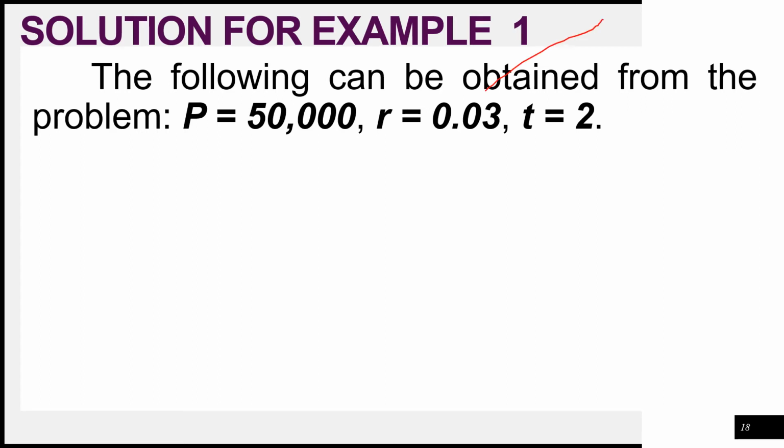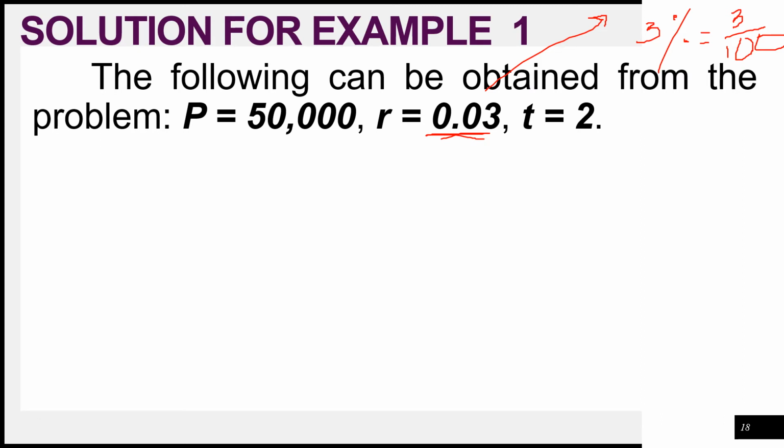Okay, so I'll show you. We have the 3% can be converted into decimal by having 3 divided by 100. Okay, and then you will get 0.03.